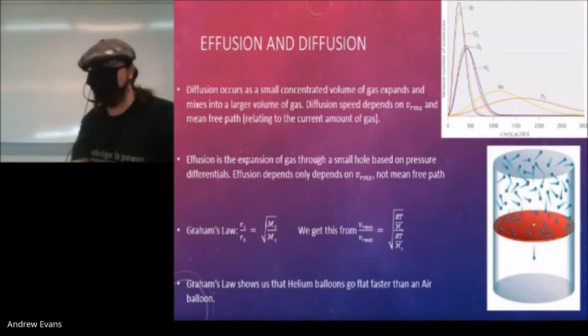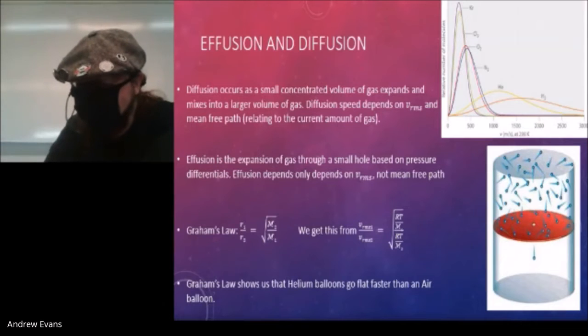And so you have 1 over molar mass 1 over 1 over molar mass 2. You change it from an improper fraction into a proper fraction, and you get the square root of molar mass 2 over molar mass 1, which is what we see right here.